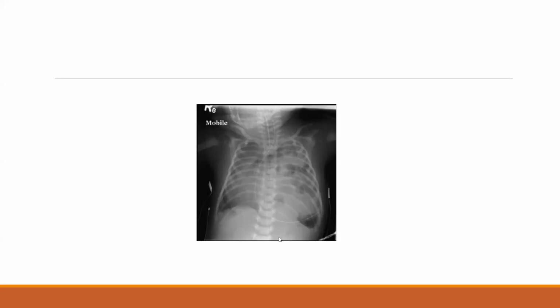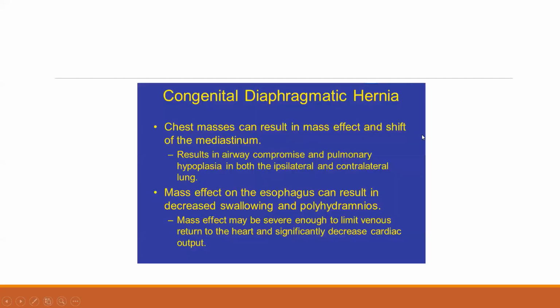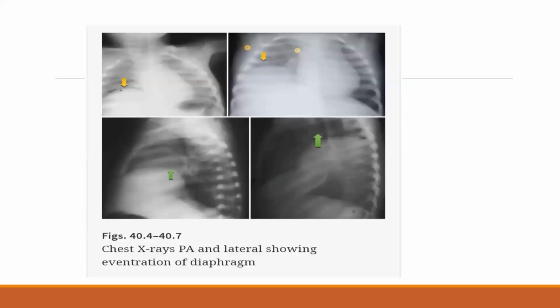But you see below the diaphragm, there is no gas settle. Everything goes upwards. So it is a left-sided congenital diaphragmatic hernia. So this is eventration. You have to do the lateral X-ray when you get a patient with eventration.